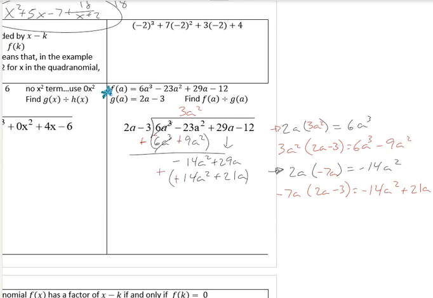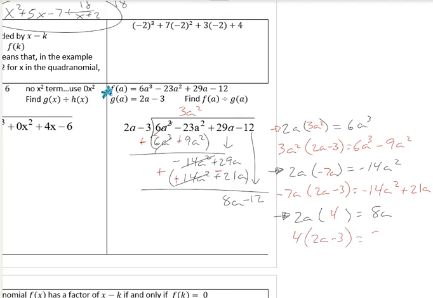Subtract, change signs. You get 8a here. Bring down the negative 12. We ask ourselves one last time. 2a times what gives me 8a? My answer is 4. So 4 times 2a minus 3 equals 8a minus 12.